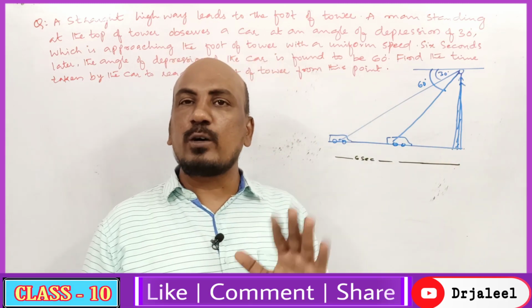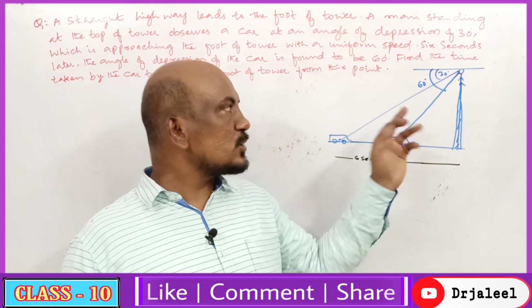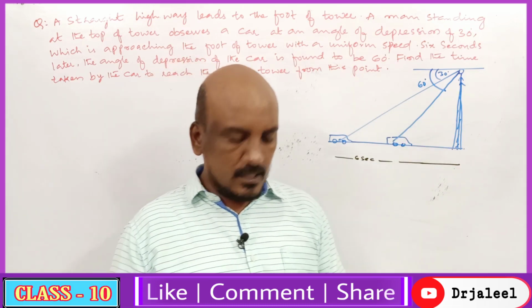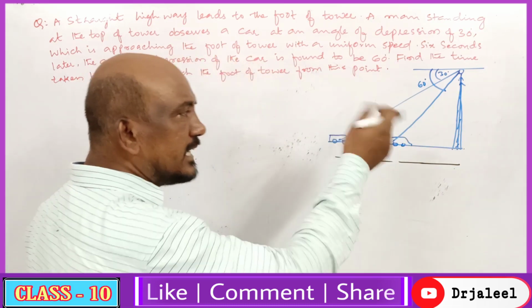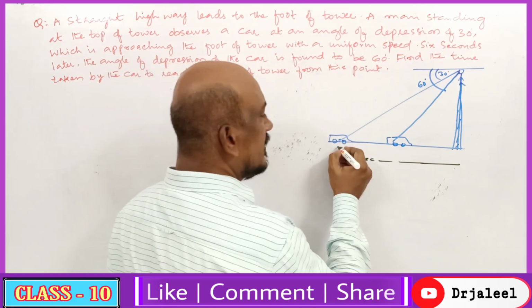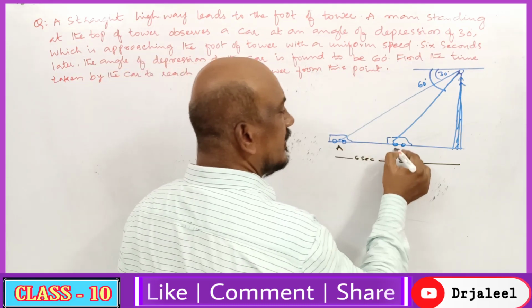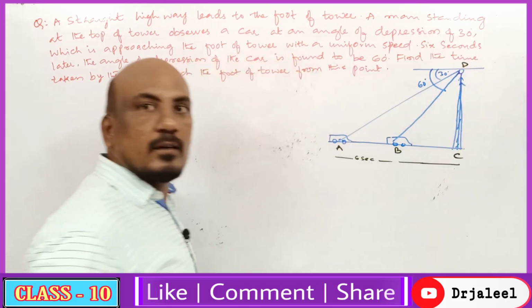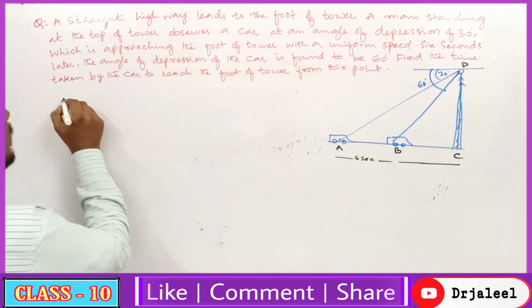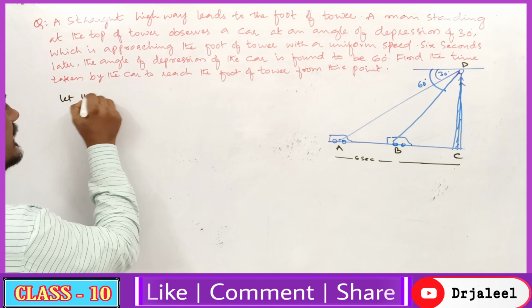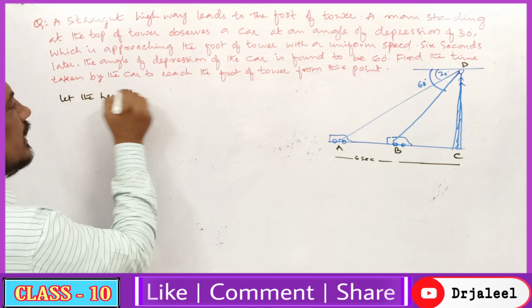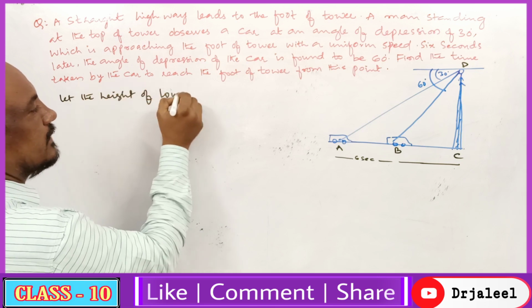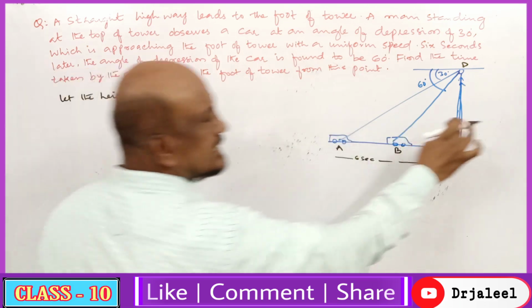So the problem story can be anything. Depending on the story, we need to draw the diagram. So in the story, let's describe the things. Let us take this position to be A, this position to be B of the car, CD be the tower. Now let the height of the tower be, how much is it?